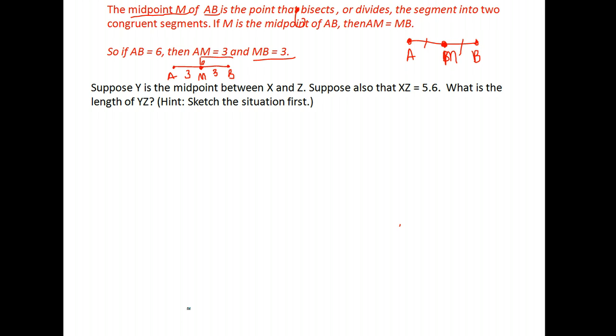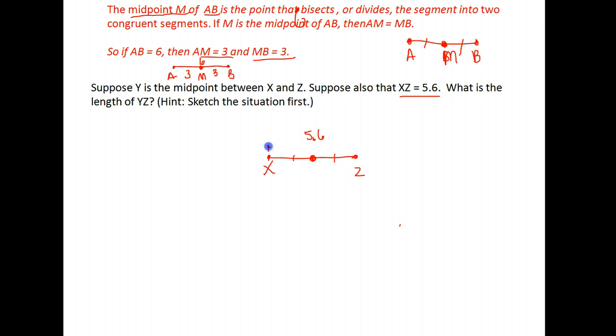Sorry about that, I'll draw it again. So we have X and Z. They said Y is the midpoint, so it's going to go right in the middle. These two lines are equal. Suppose also that XZ is 5.6. So the distance from X to Z is 5.6.